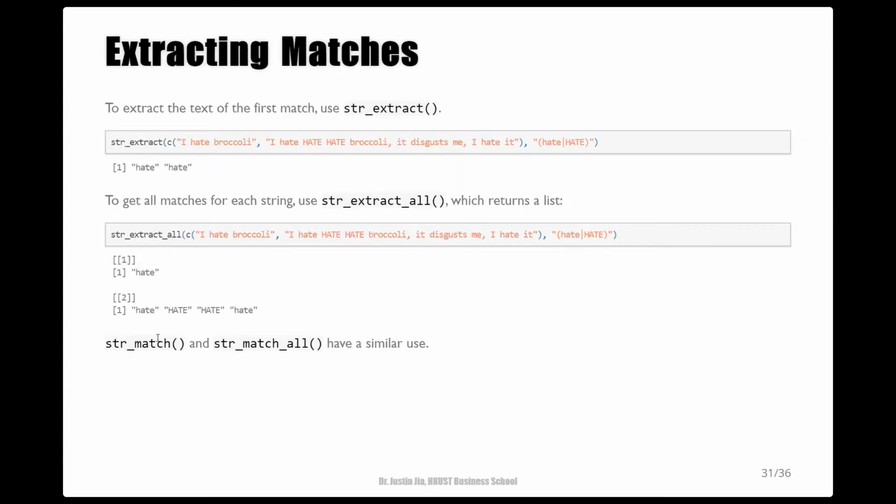And str_match and str_match_all have a similar use. The main difference is that the extract functions only give us the complete text of a match, while in addition to the complete match, these match functions also give each individual component of a match. Please try these two functions in RStudio to see the difference.